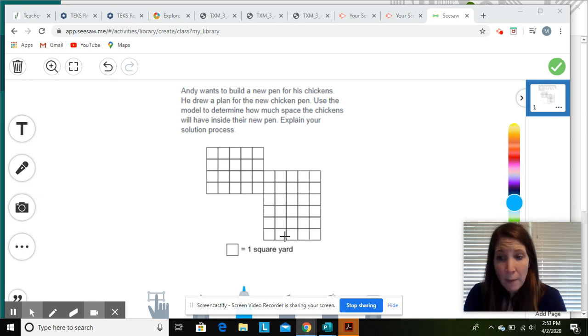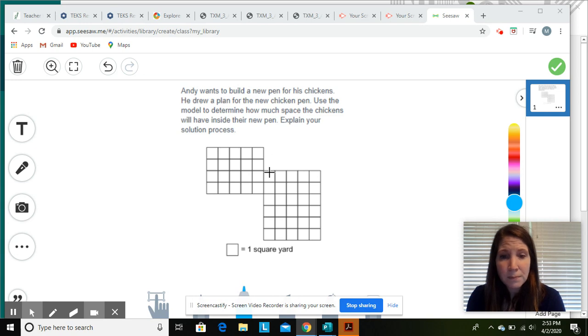Remember, I told you Wednesday and Thursday we're going to be talking about perimeter. You also could find the perimeter of a figure, but perimeter is not the inside of the figure. The perimeter would be measuring all along the outer edges. What would go all along the outer edges of a coop?